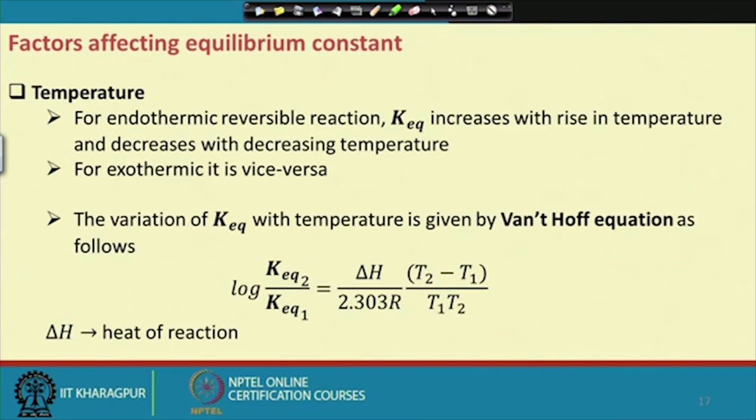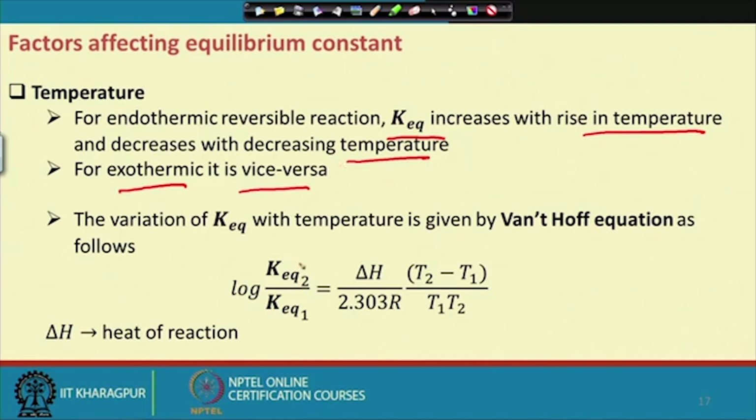Now, for an endothermic reaction, the equilibrium constant K increases with the rise of temperature and decreases with the decrease of temperature. But in the case of an exothermic reaction, it will be reverse: the equilibrium constant decreases with rise of temperature and increases with decrease of temperature.